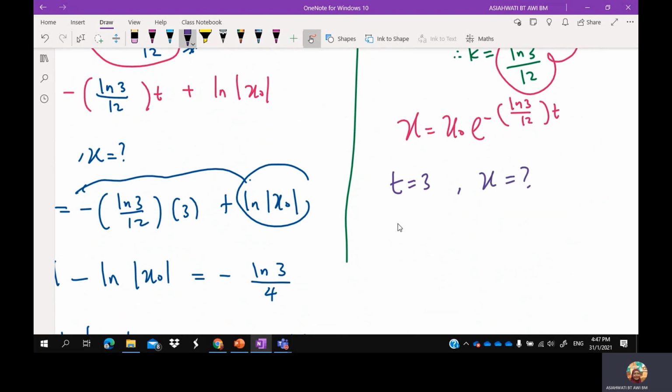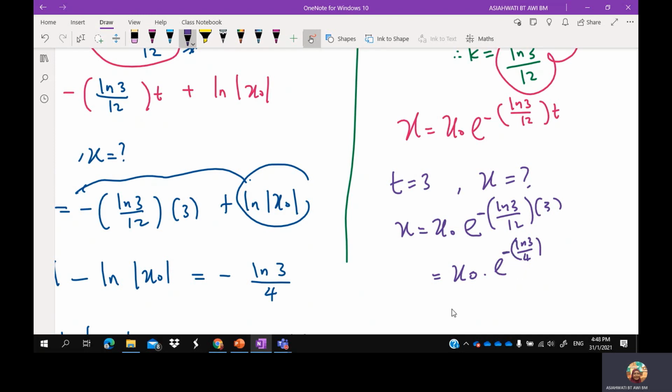Substitute: x is equal to x naught times e power negative ln 3 over 12 in bracket, times 3. Then simplify: e power negative ln 3 over 4.